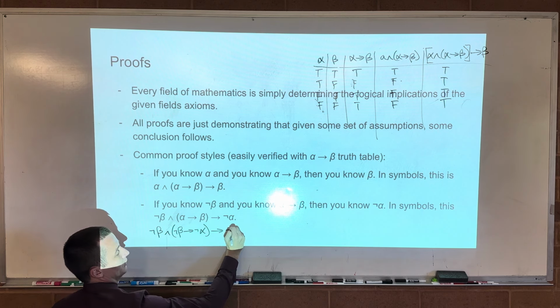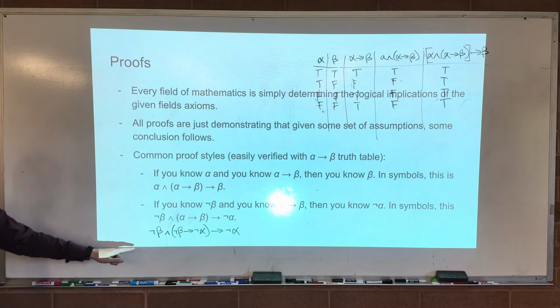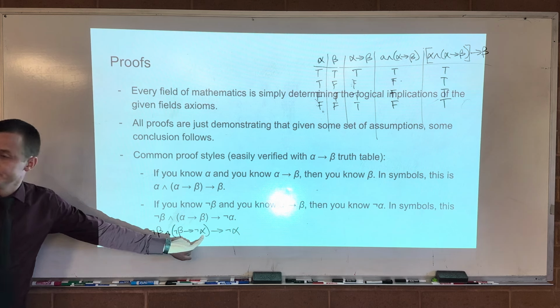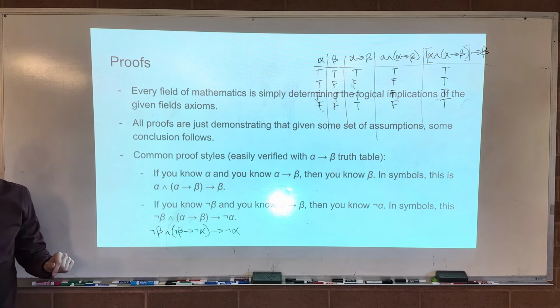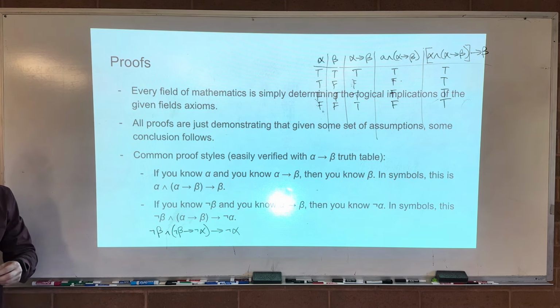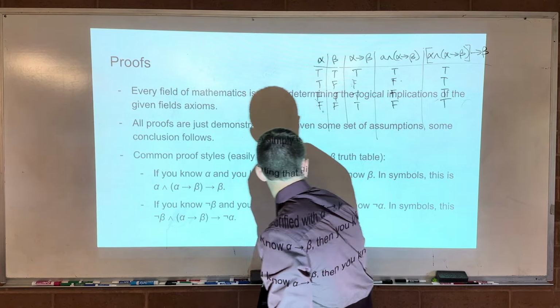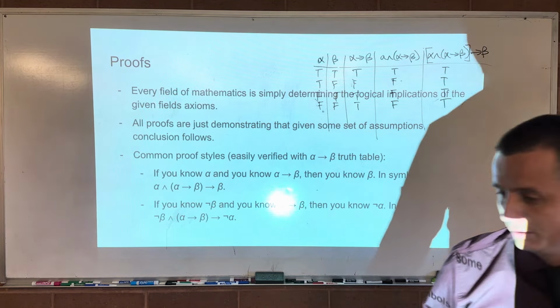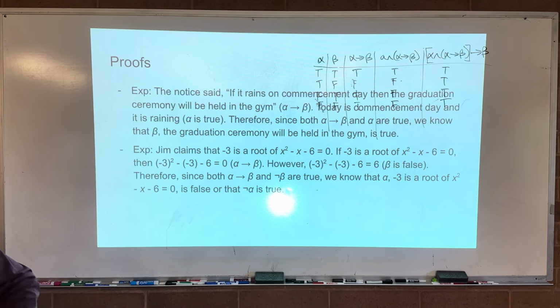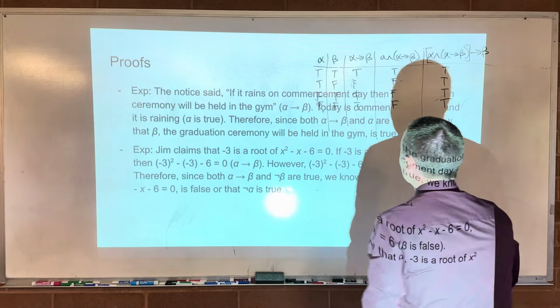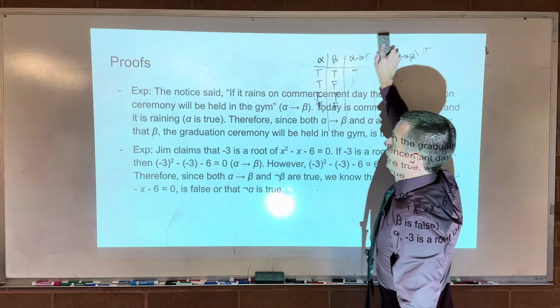So if I know not beta, and I know not beta implies not alpha, then I know not alpha, using contrapositive. These are common proof techniques, and you'll get way more used to those when we actually start delving into proofs, but I'll show you the logic for them at least once. Okay. Next one.